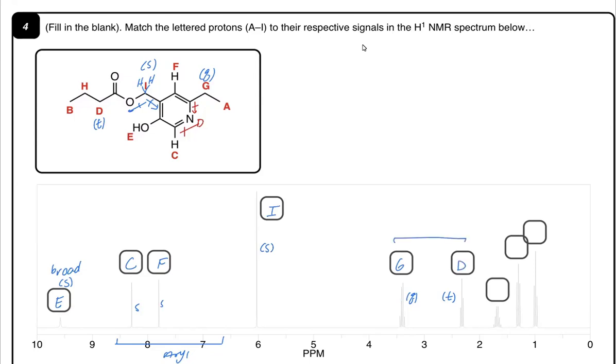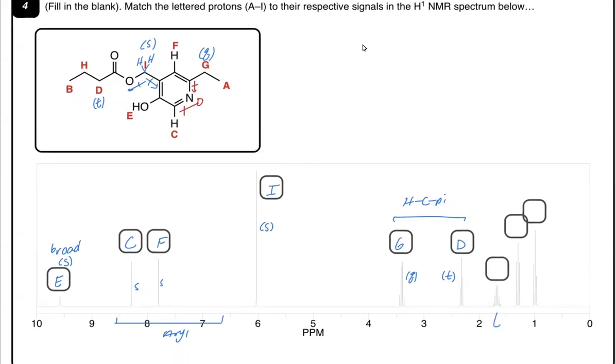And both of these types of protons here, let's make a note, are protons on a carbon neighboring a pi system. And notice that G is a little bit more downfield. I would say that's probably because G is experiencing some effect from that nitrogen within the ring. Okay, but without that inductive effect, we could use splitting pattern to distinguish G and D. All right, then we've got a very complex signal here. And if you zoomed in, you would see that that's a sextet indicating the presence of 5 neighbors.